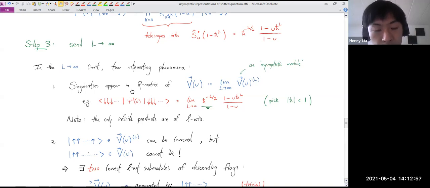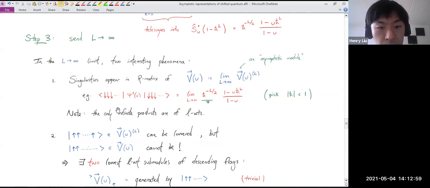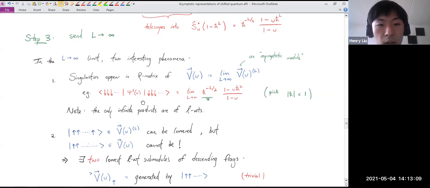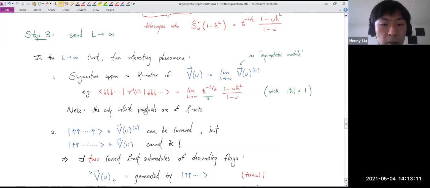Okay, so the only singularities which will appear, the only infinite products which will appear, are actually infinite products of these loop weights, of these eigenvalues of psi. But that remark aside, you do observe singularities appearing in the R matrix.